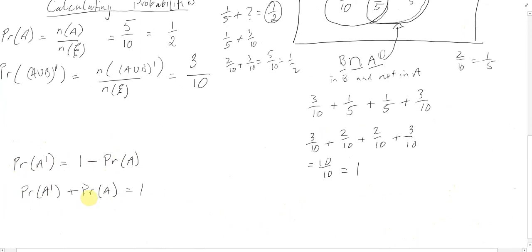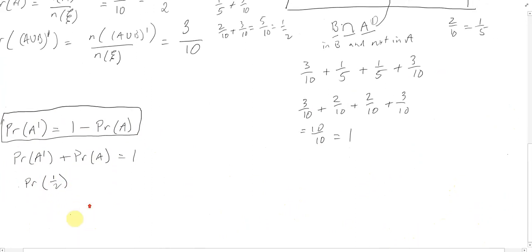Because either A has to happen or not A has to happen, one or the other. And this is a very, very useful tool that will come in handy again and again. If you already know that the probability of getting an even number is a half, then you straight away know that the probability of not getting an even number must be 1 take away a half, so it must be a half as well. That's a very useful thing that you'll be using again and again.